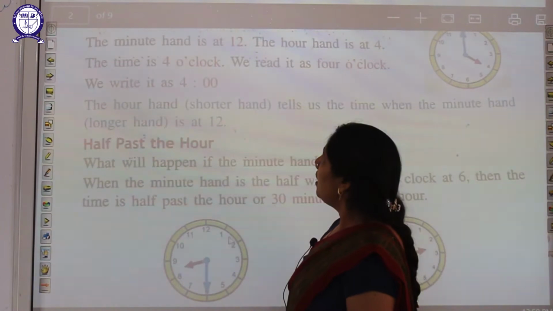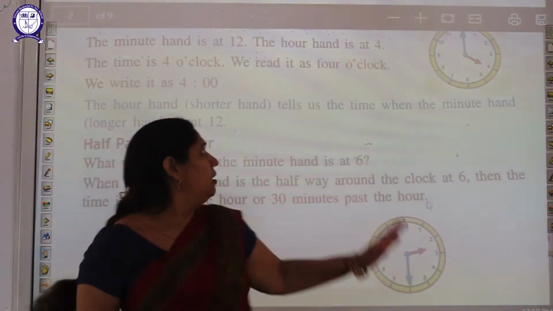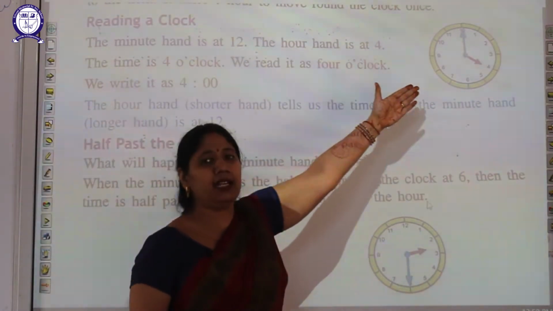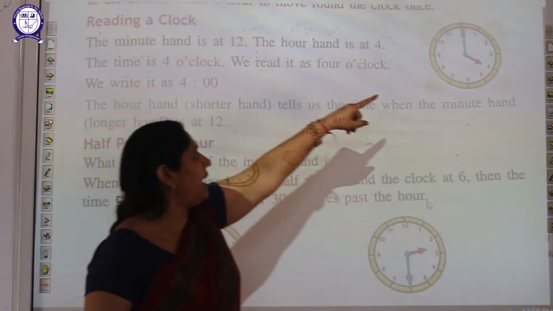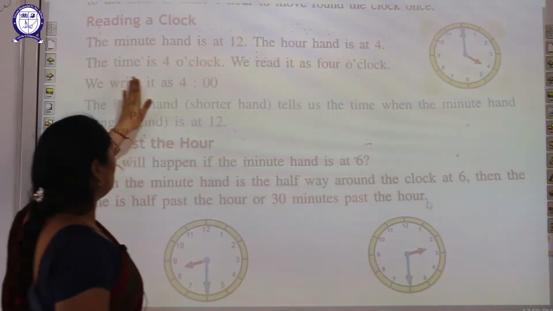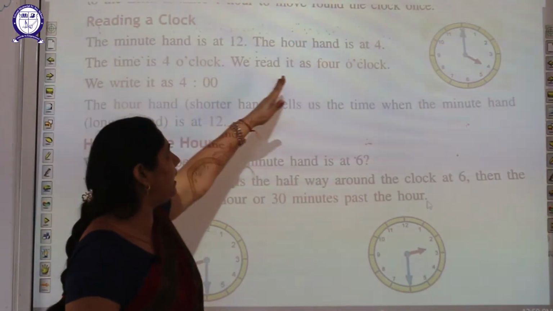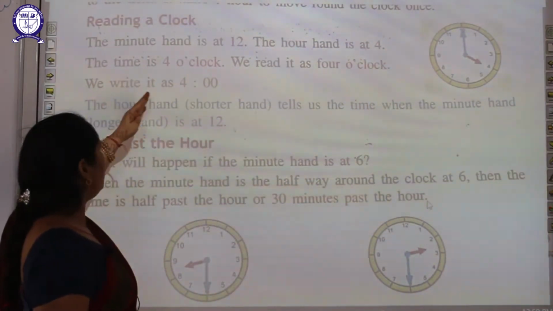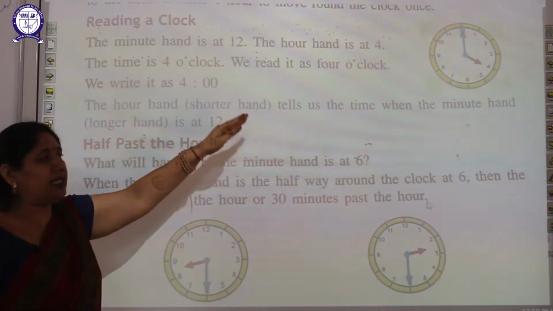Reading a clock. How to read a clock? Look here, the minute hand is at 12. When the minute hand is at 12 and the hour hand is at 4, the time is 4 o'clock. We read it as 4 o'clock, or write it as 4:00.